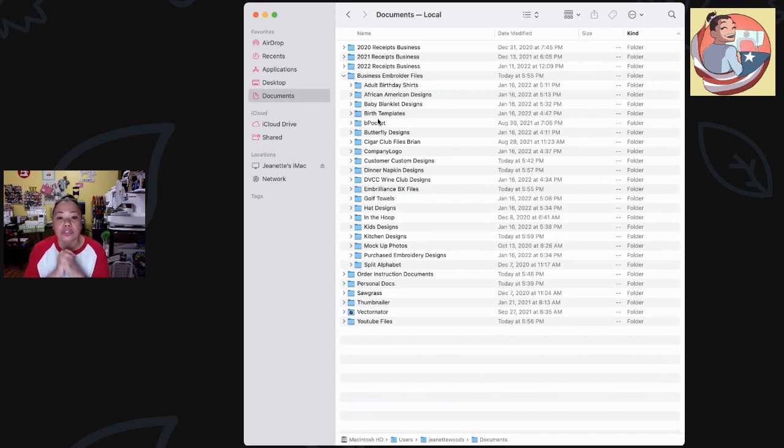So I'll have categories like adult birthday shirts. When I make birthday shirts for my mom and my aunt and everybody else in the family, this is where I keep all of the files. That way I can reuse them in case someone wants to buy a birthday shirt.